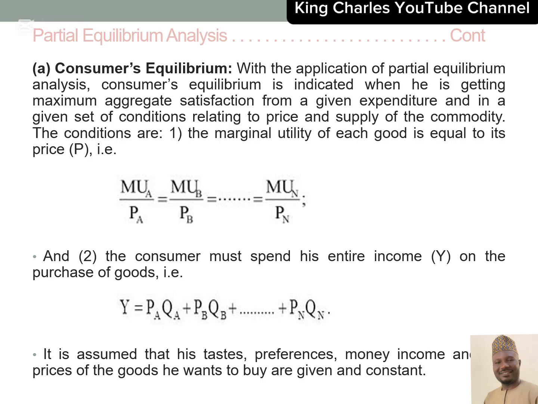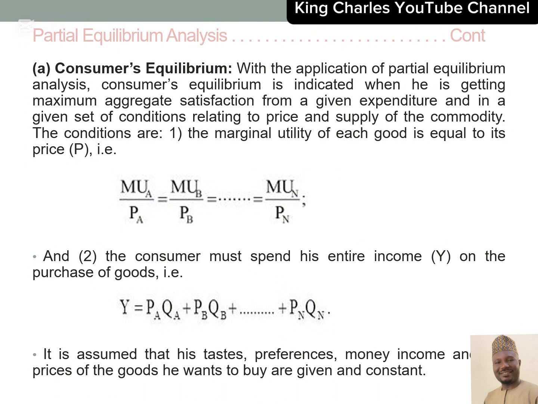A, consumer's equilibrium. When you apply partial equilibrium analysis, consumer's equilibrium is achieved when the consumer is getting maximum aggregate satisfaction from a given expenditure and in a given set of conditions relating to price and supply of the commodity.